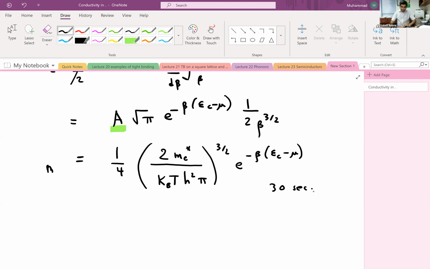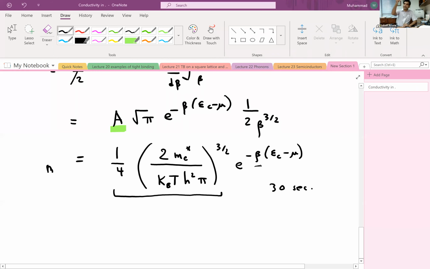All right, so now this factor here is a temperature dependent constant. You see, there's a temperature factor here, and there's also a temperature factor here in an exponent.